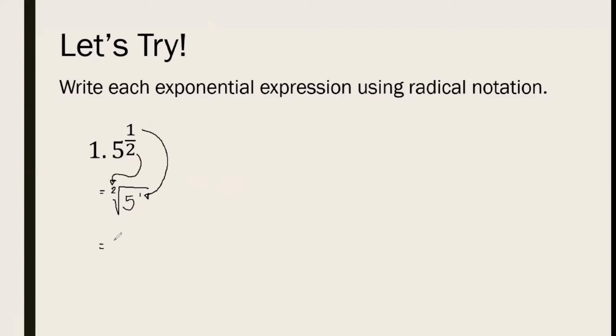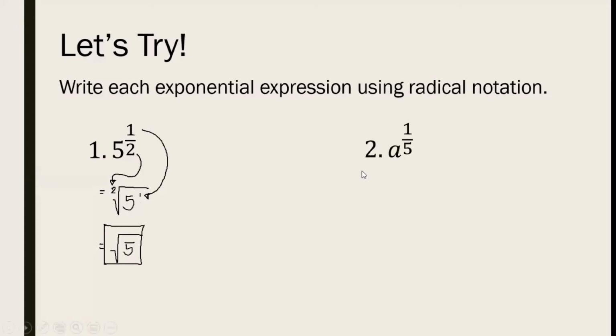But in algebra, we seldom write 1 as the exponent of any number. Same goes with 2. We seldom write 2 as the root of the radical expression. Instead, we write the square root of 5. And here is your final answer.